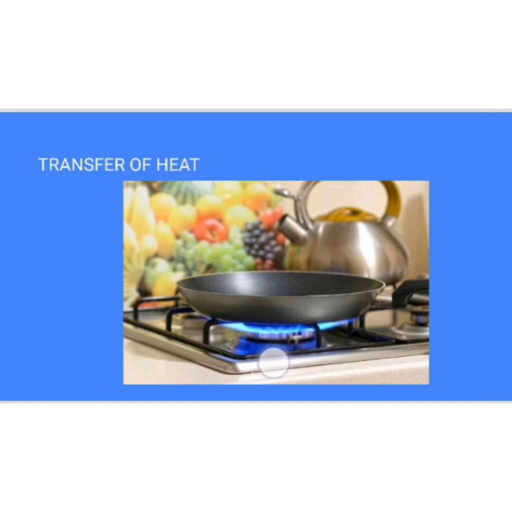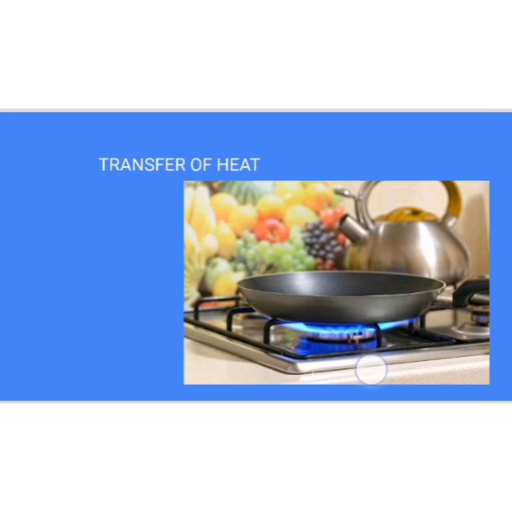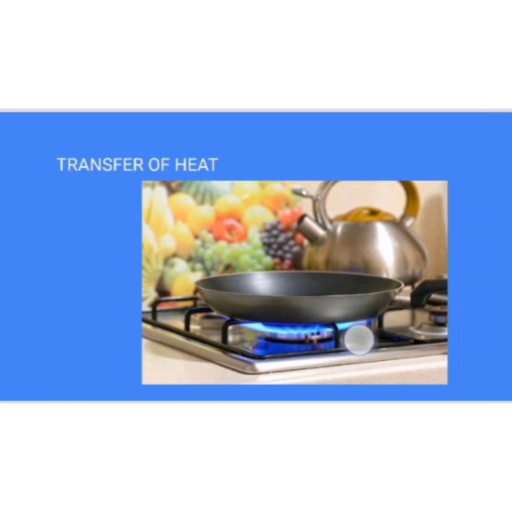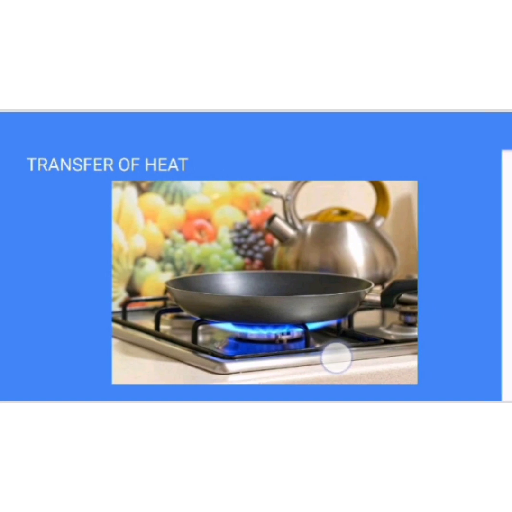Here, the flame is the hotter object and the pan is the cooler object. So, the heat is transferred from the hotter to the colder object, right? When we remove the pan, the heat is transferred from the pan to the surroundings. And how does heat flow?